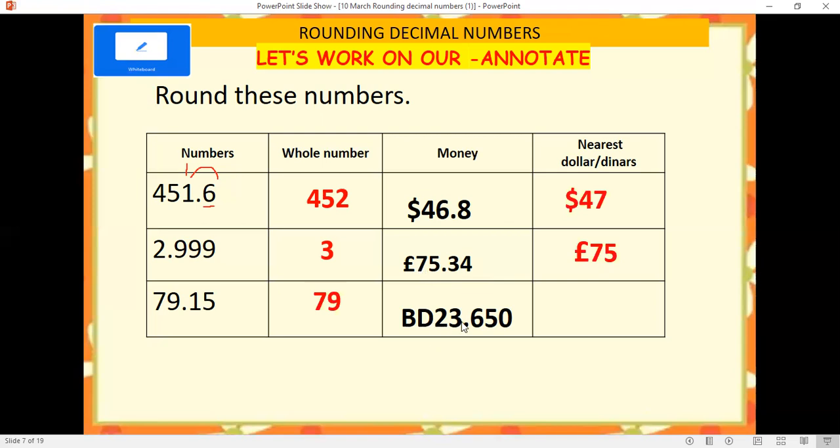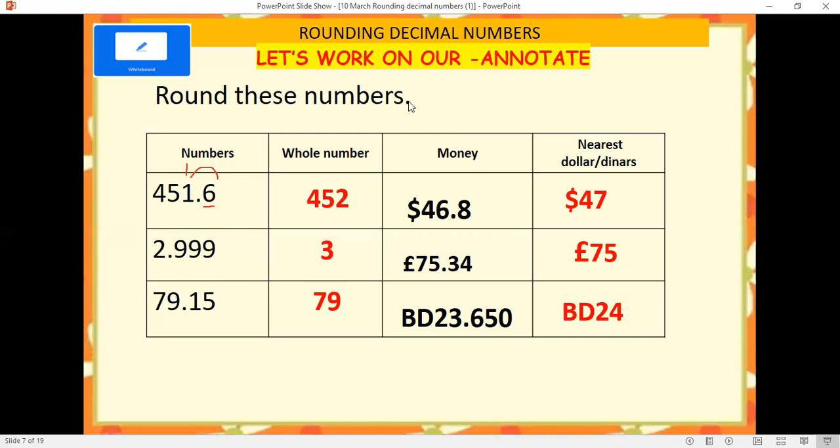How about 23 dinars and 650 fils? So this one is 6, so it is 5 or more, so it will become 24 dinars. Okay, so remember, when we are rounding to the nearest whole number, we are concerned only with the unit place and the tenths place. The tenths place is the digit after the decimal point.